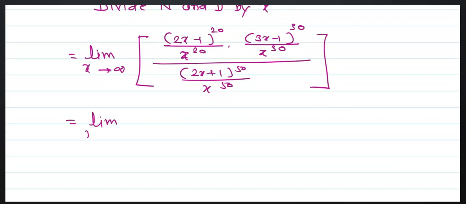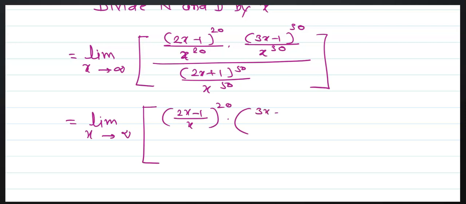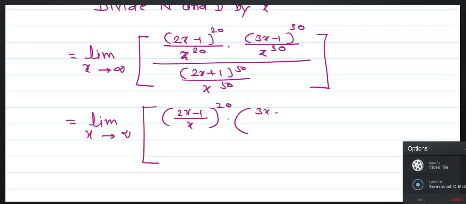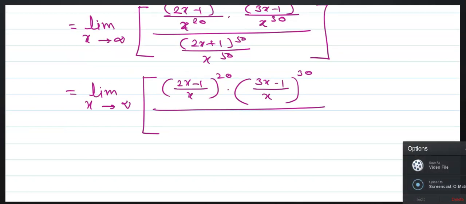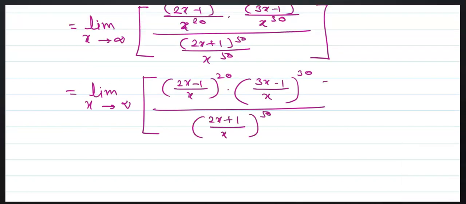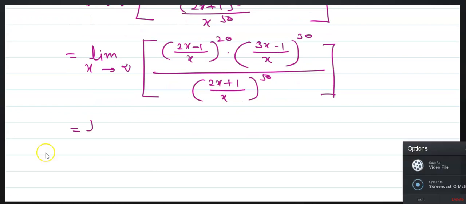Therefore, limit x tends to infinity, ((2x − 1)/x) raised to 20 first, ((3x − 1)/x) raised to 30, ((2x + 1)/x) raised to 50. Now split this up: (2x − 1)/x means 2x upon x, then you will get 2 minus 1/x, plus 3 minus 1/x, again 2 plus 1/x. Now see this here.